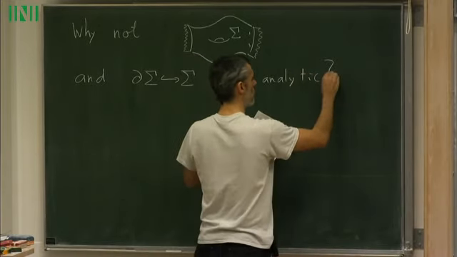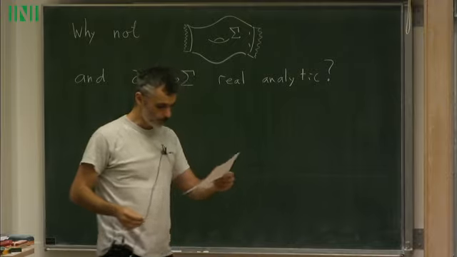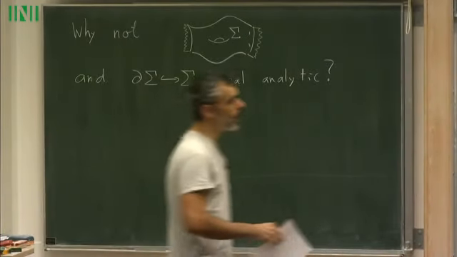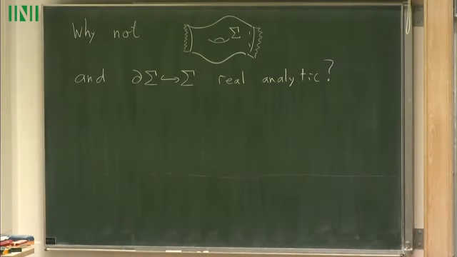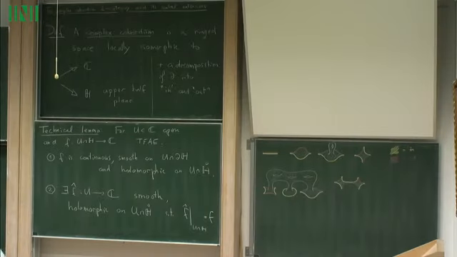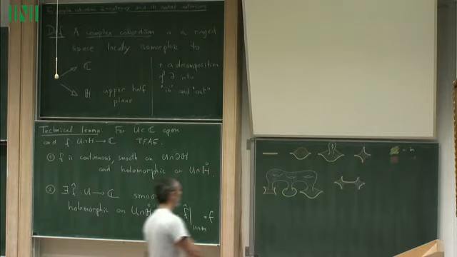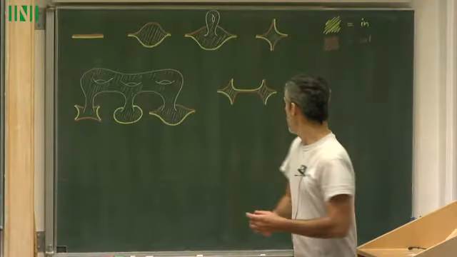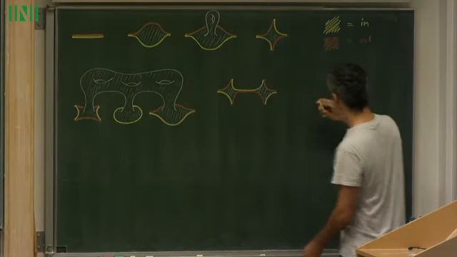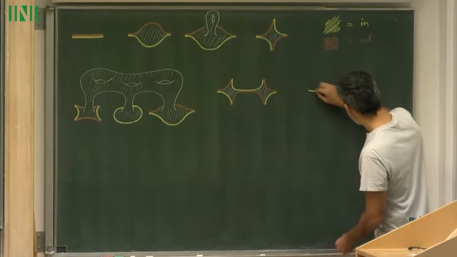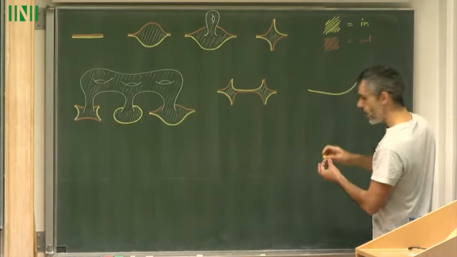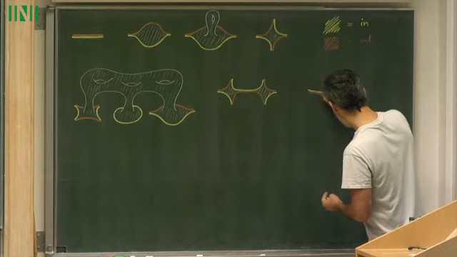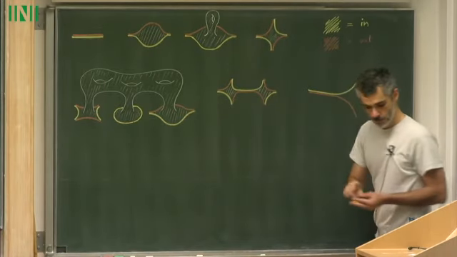So why not this? Well, if you think about the kind of pictures that I want to get at the end, in particular, if you look at this one, there's a feature which I'm going to redraw here just to emphasize it. I have a yellow line that agrees with the red line for a certain part of it and then diverges.